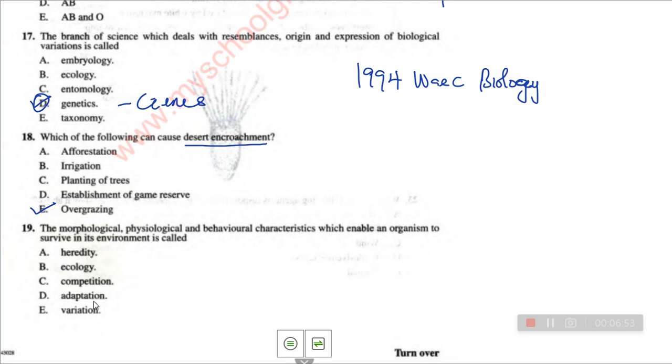Option E is variation, that is differences that happen in an organism, differences between one organism and another. So our answer here is option D, adaptation. It's the morphological, physiological, and behavioral characteristics which enable an organism to survive. The major aim of adaptation is to make that organism survive.